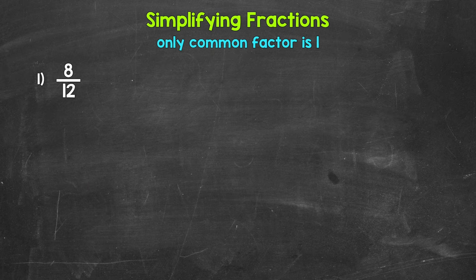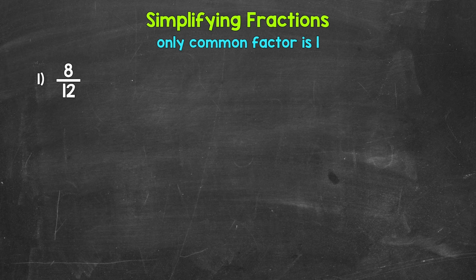Now, when we simplify fractions, we're looking to get the smallest numbers in value that we possibly can, the simplest numbers for our numerator and denominator. We do this by finding common factors between our numerator and denominator. And factors are numbers that we can divide our numerator and denominator by without getting a remainder.